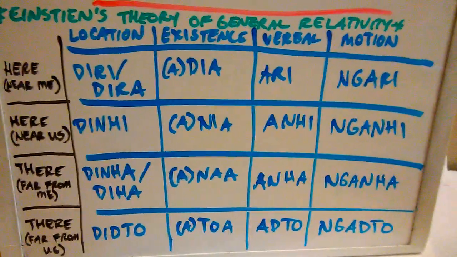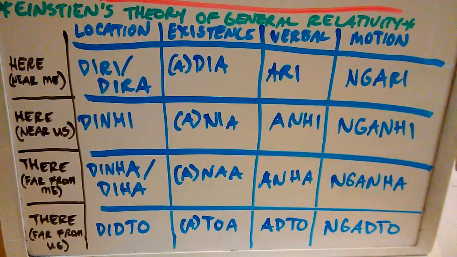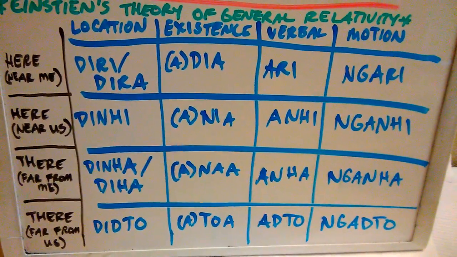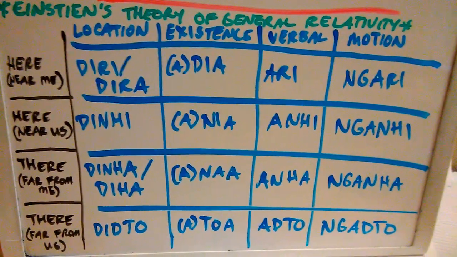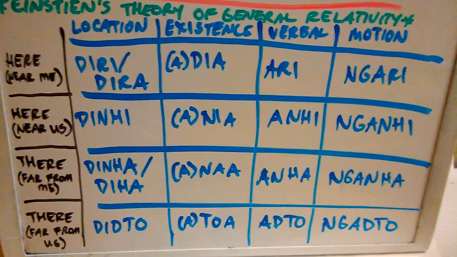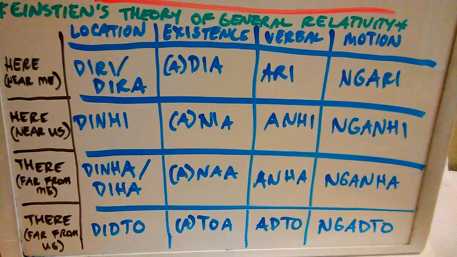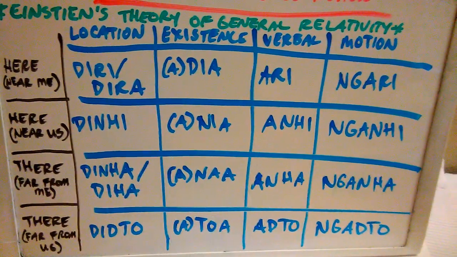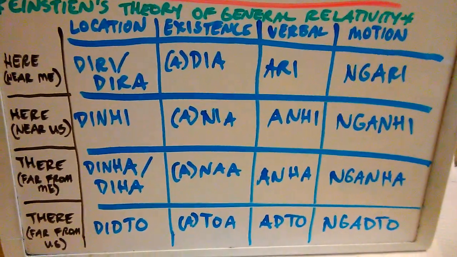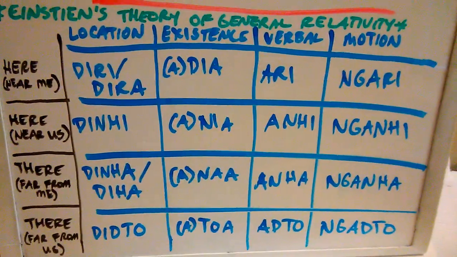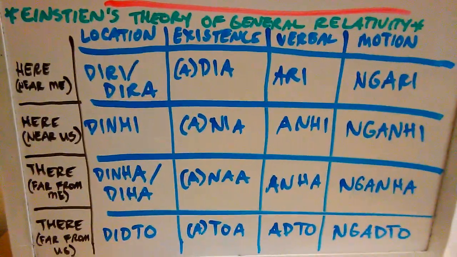Versus location, location is an existence that is being placed somewhere. So it has a slight connotation with movement, but there is a difference because existence is just simply existing for existing.